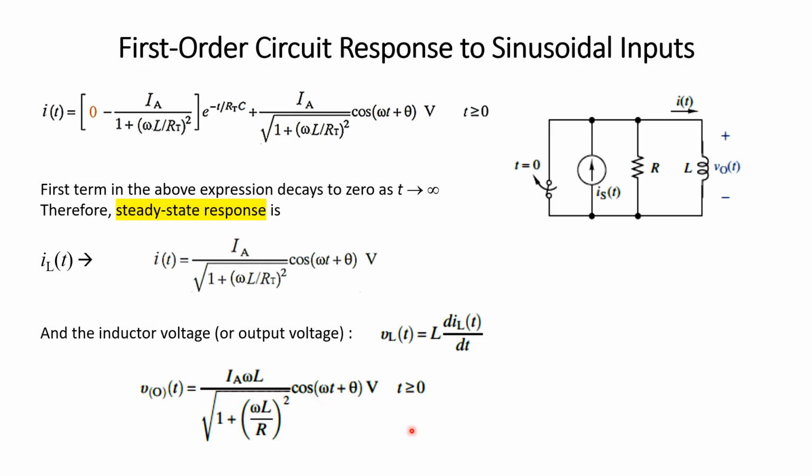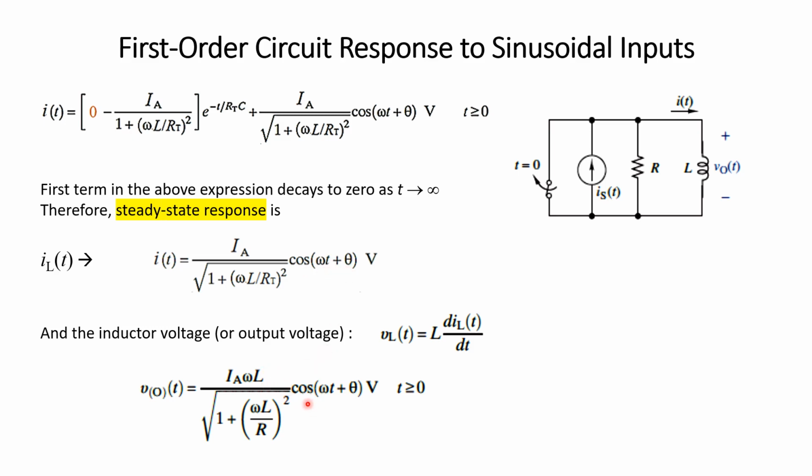Here, you may wonder that IL is a coefficient times cosine omega t plus theta. If we differentiate, we will have minus omega sine omega t plus theta.